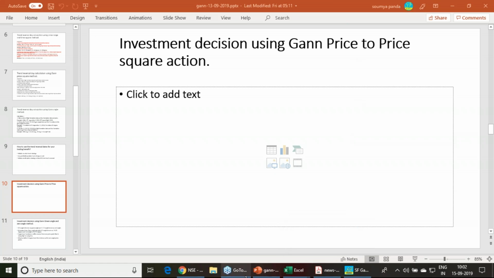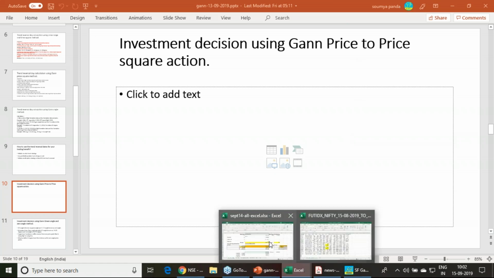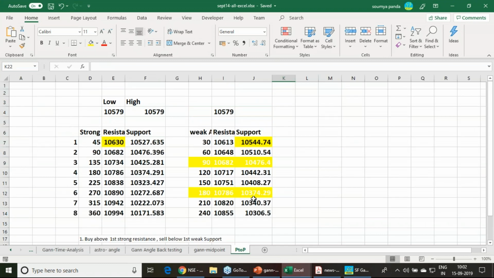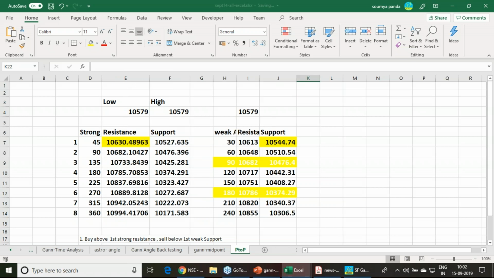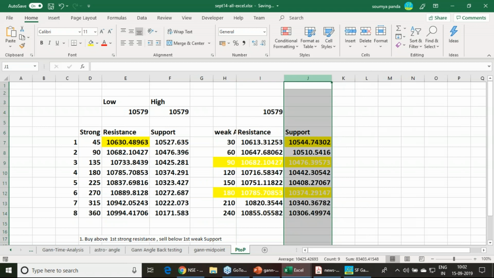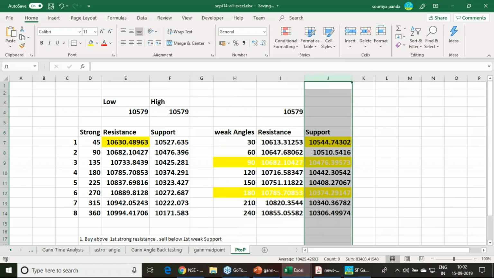Next comes price square action. Again, the concept here is squaring. Squaring means the majority of resistances and supports. Where one player is squared by many players, meaning many are resisting, many are going to catch him off, his actions will be countered or nullified by many other counters. The same concept is being used here.